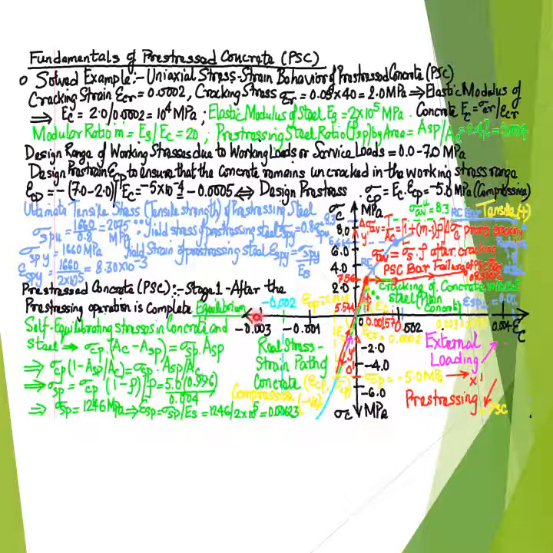Since equilibrium considerations require that the statical equilibrium of each and every cross section in the pre-stressed concrete bar should be satisfied, self-equilibrating internal stresses are generated in the concrete as well as steel by the virtue of the pre-stressing operation.